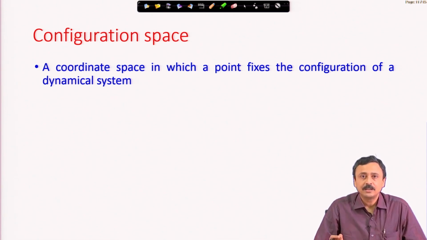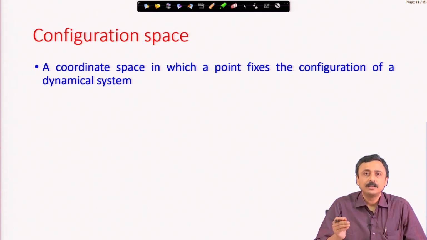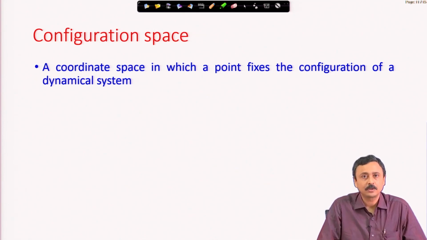So, in this space, the configuration of a dynamical system is represented by a point, just like the position of a particle is represented by a point in the x y z coordinate system. So, x y z coordinates are actually the configuration space of a particle's motion. We have discussed orientation, we have discussed parameterization of orientation. A point in the 4-dimensional space can represent the orientation of a body.